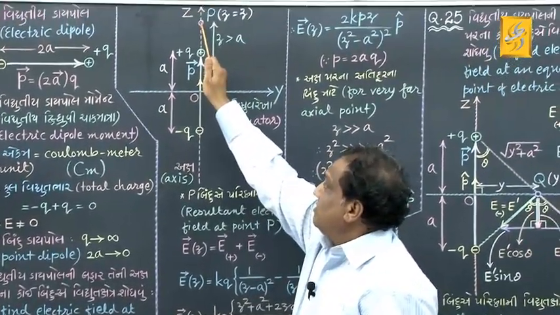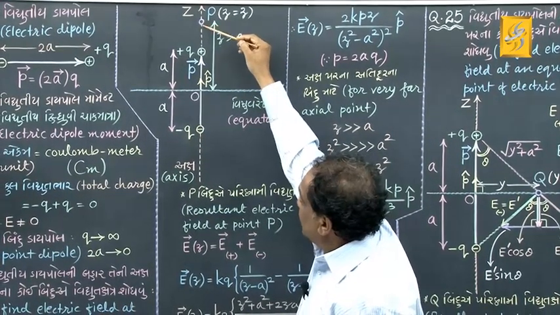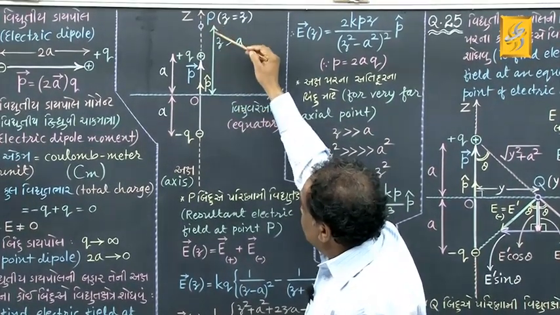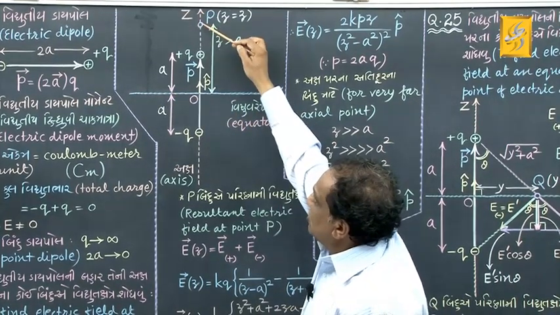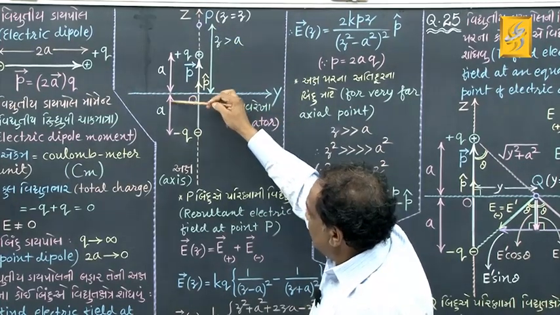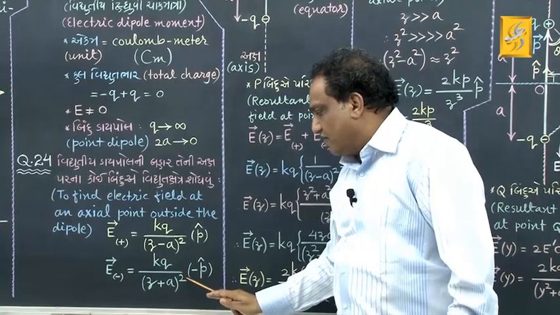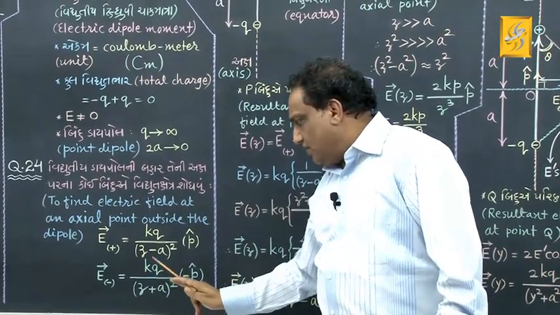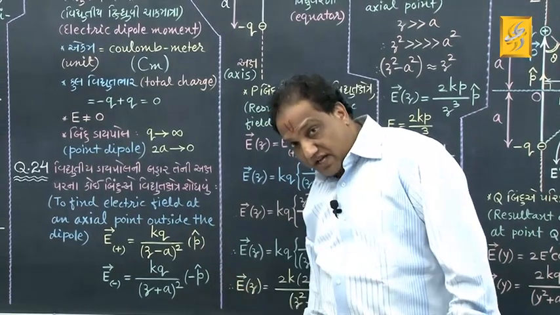Distance of this point from this charge would be z plus this distance a. So total distance of this point from the negative charge would be z plus a, and its square. K into charge upon distance square, multiplied by unit vector.